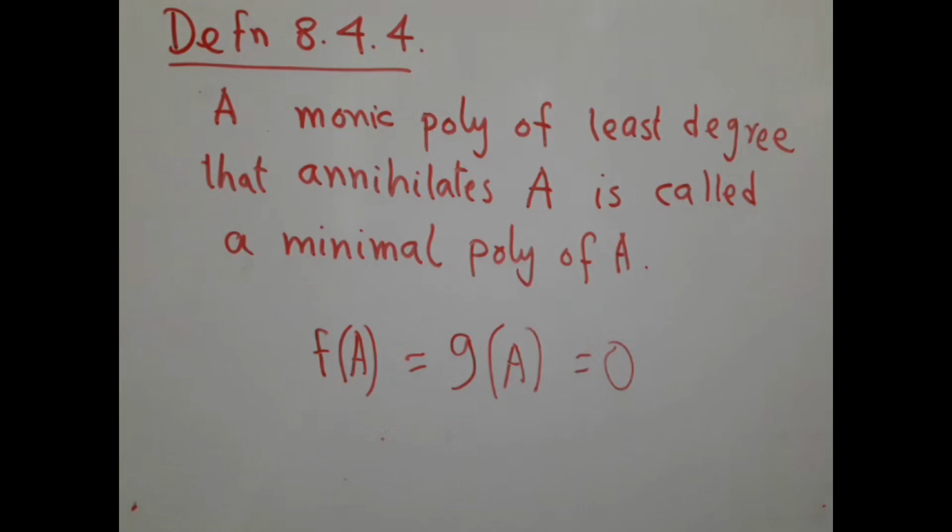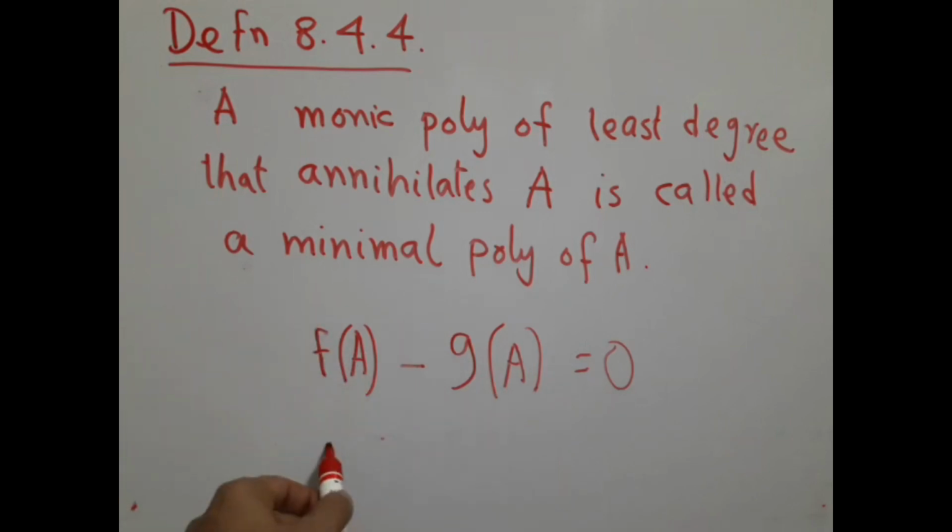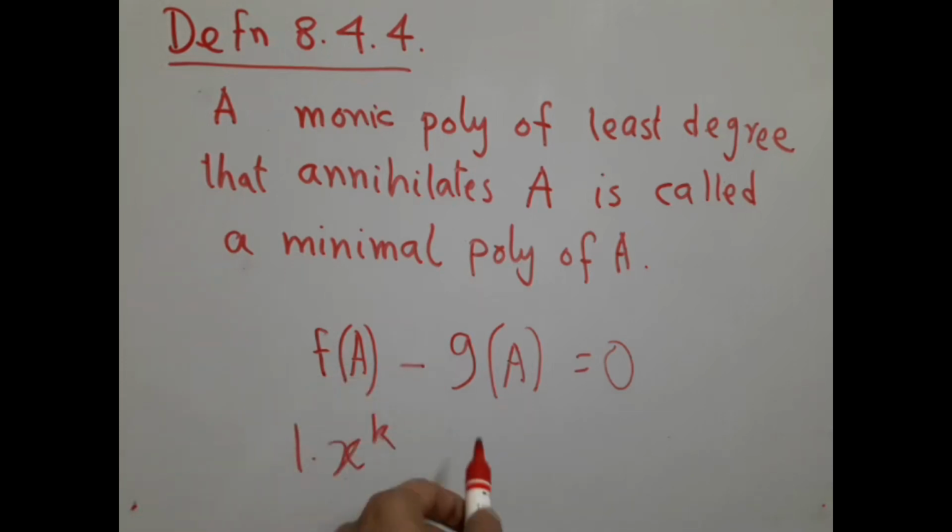I claim that then F has to be equal to G, because otherwise you just subtract one from the other, that will also be the 0 matrix. Now because both of them are monic, whatever is the highest power of F, suppose that was some x to the power k, that came with coefficient 1 in F, that also came with coefficient 1 in G. So when you subtract one from the other, this highest term is cancelled off.